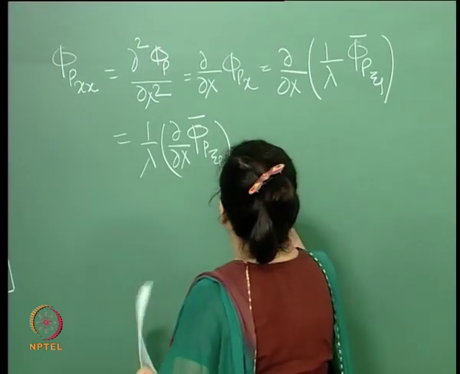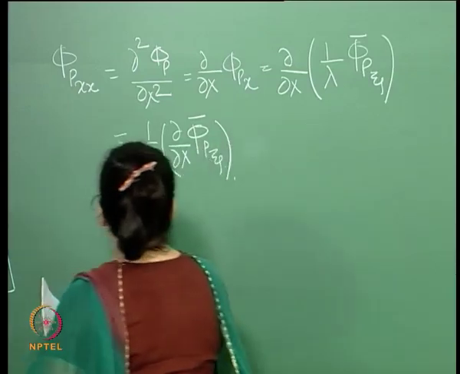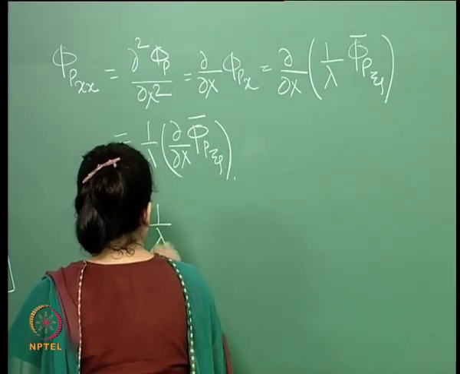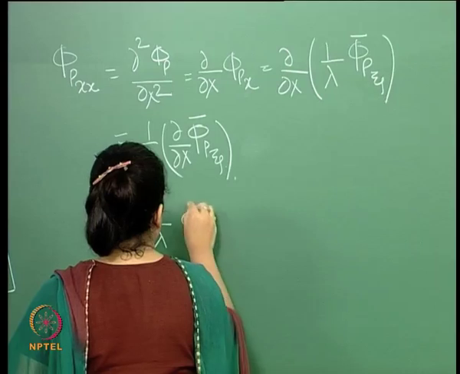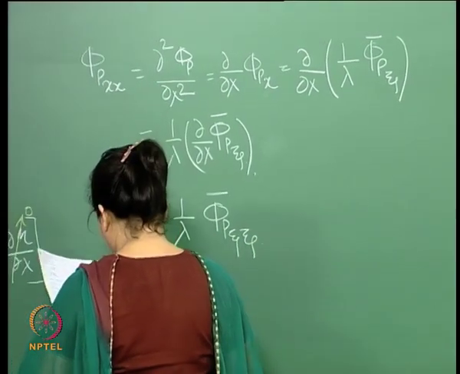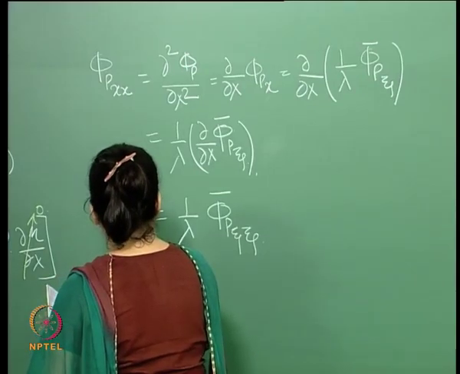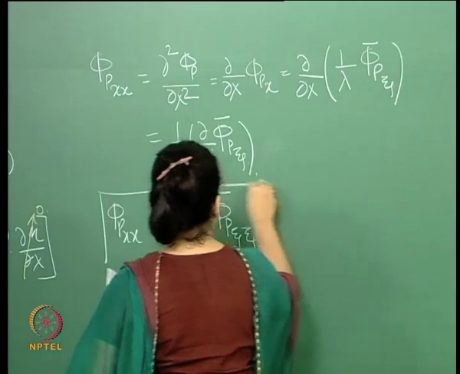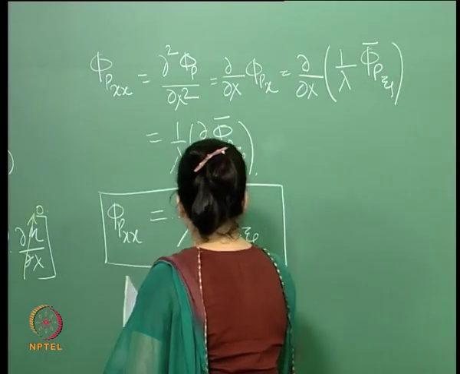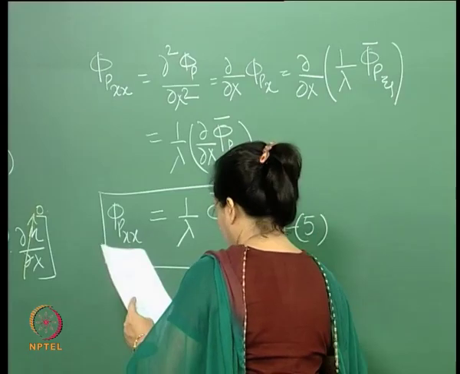So then again we can write this as 1 by phi, and let us call this 5.